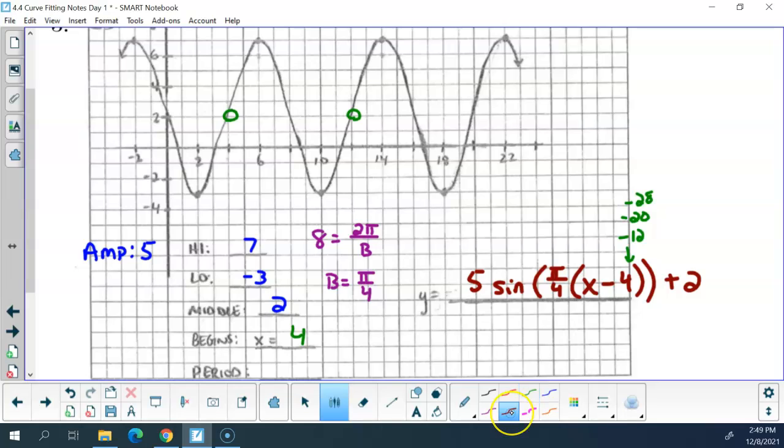Another one. Let's go with negative 5 sine pi over 4 x plus 2. Could have gone in there with minus 8, minus 16, minus 24.